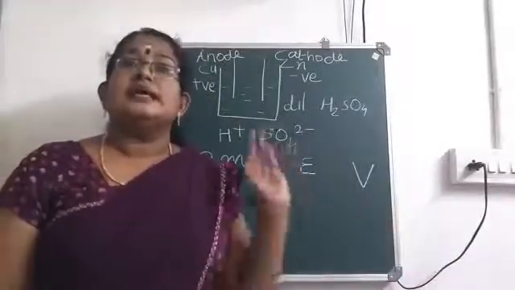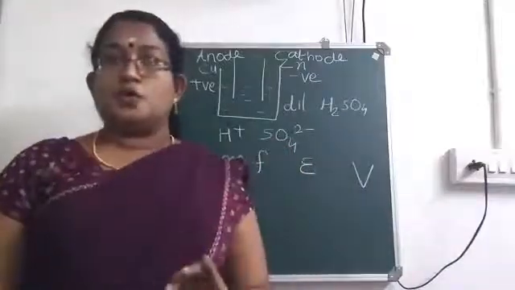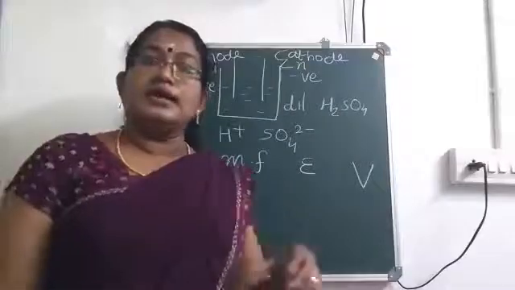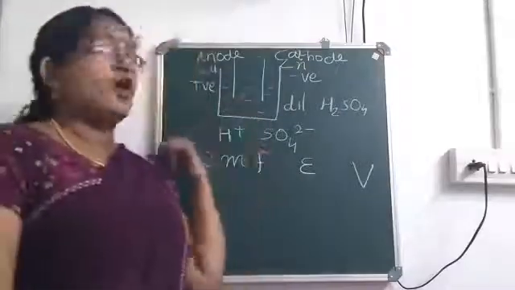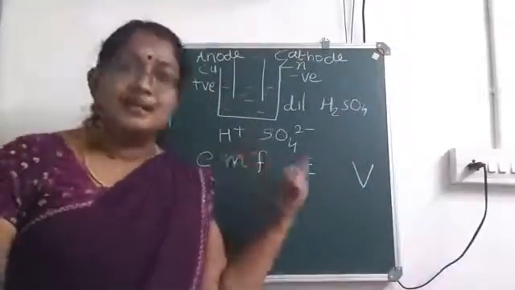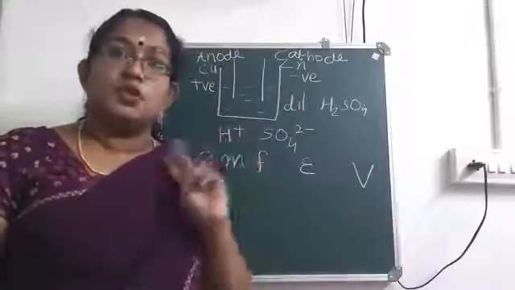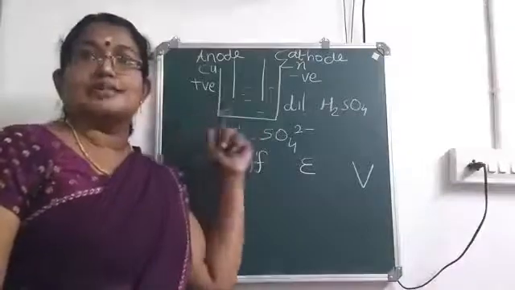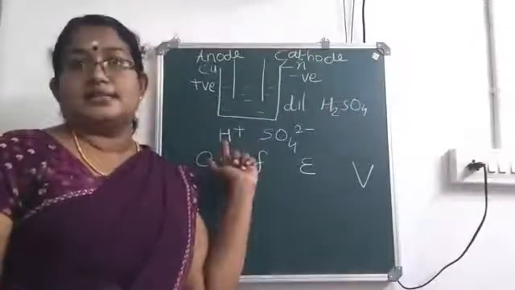Now, the EMF or electromotive force depends only on two factors. It depends on the nature or the material of the electrodes as well as the electrolyte. Okay. So, it depends only on two factors, which are the material of the electrodes as well as the electrolyte.